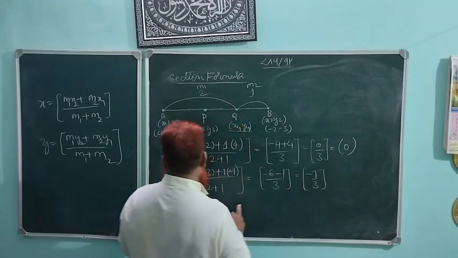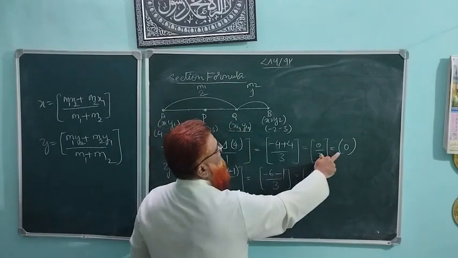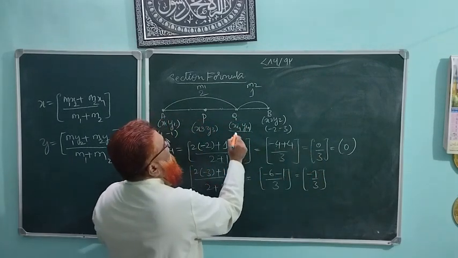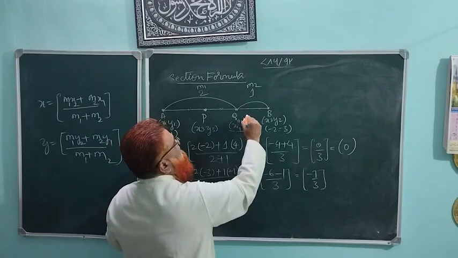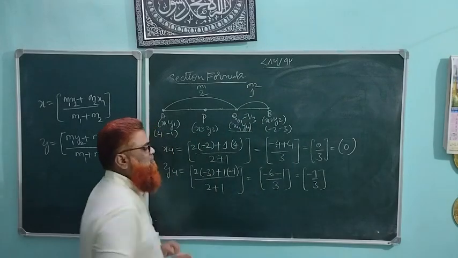And this is y4 and this is x4. I write here x4 as 0 and y4 is minus 7 by 3.